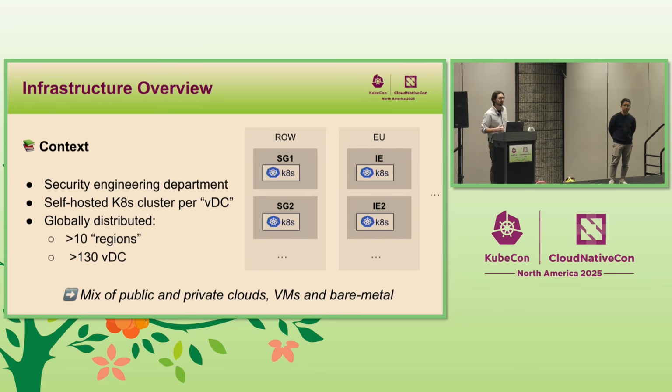It's a globally distributed multi-DC architecture. We have about 10 logical regions, and that represents about 130 virtual data centers. Logical regions are usually associated with a geographical region, but not only.